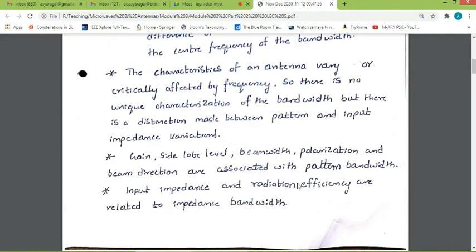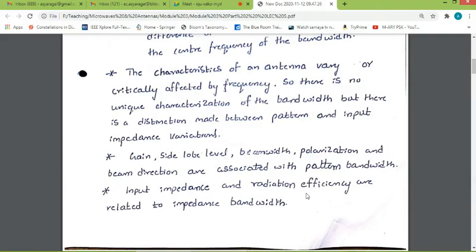There is another one, the input impedance bandwidth. If there is any variation in it, there is a change in the input impedance and the radiation efficiency of the antenna. These two are related to the impedance bandwidth.